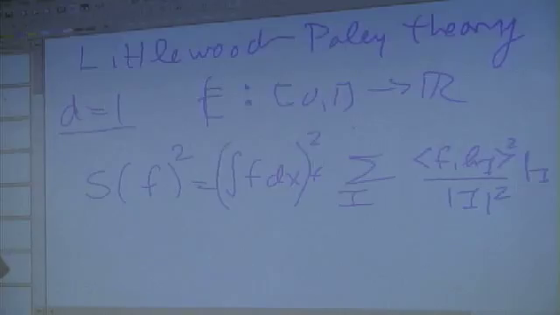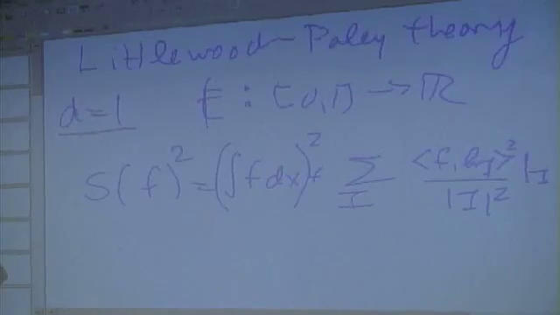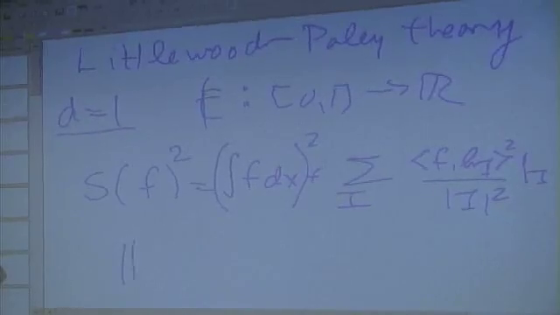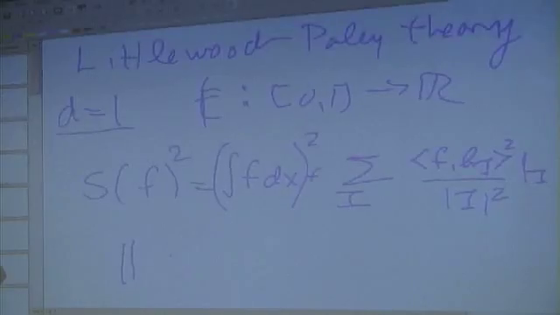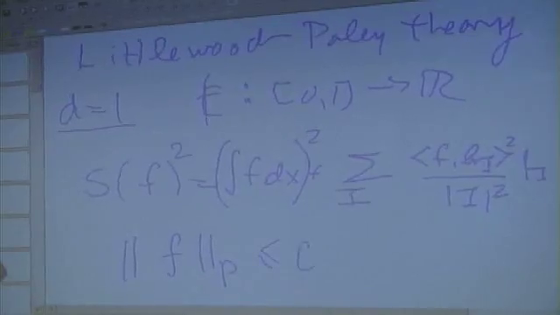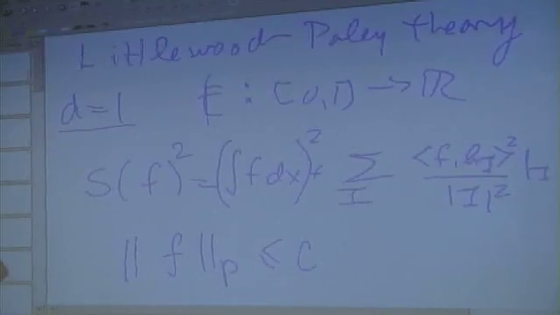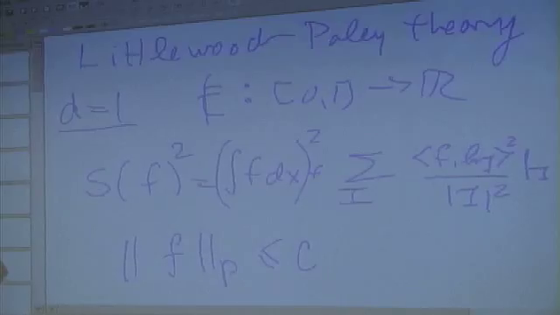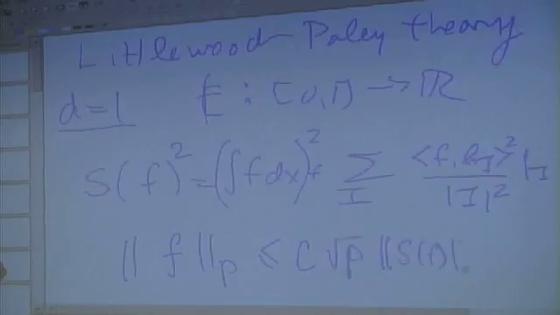Now the basic fact here that we want to appeal to is this: the L^p norm of f is less than or equal to an absolute constant times square root of p times the L^p norm of the square function S(f), and let me just stick with p bigger than or equal to 2.